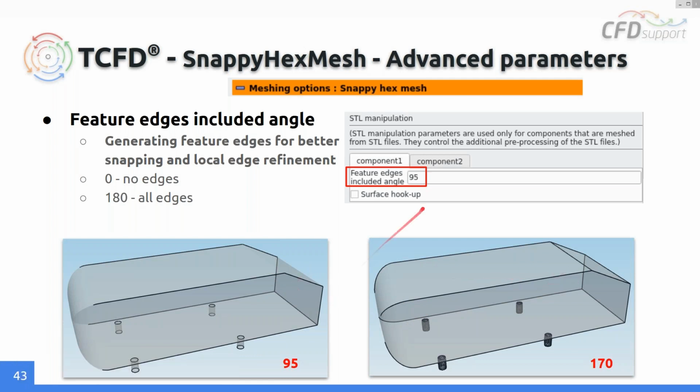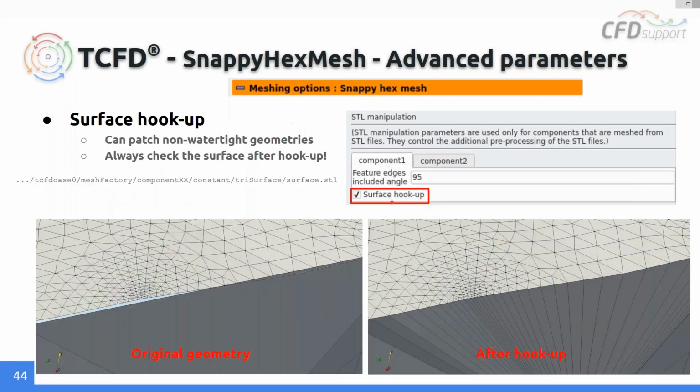So this is an example. If you for example set 95, you get something like this, and if you would like to also get, for example, this edge, you have to increase this feature angle. So this is pretty simple and obvious. In this section you can also enable a surface hookup, which is, let's say, not the first step, maybe the last step.